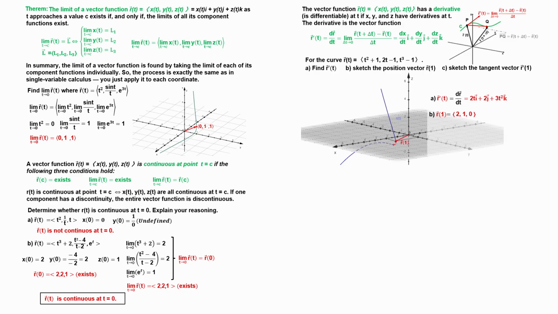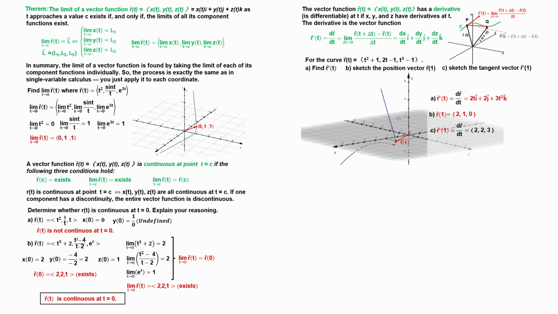The tangent vector tells you the instantaneous direction and rate of change of the curve at the point P. To calculate the tangent vector, r prime of 1, you substitute t equals 1 into the derivative function.